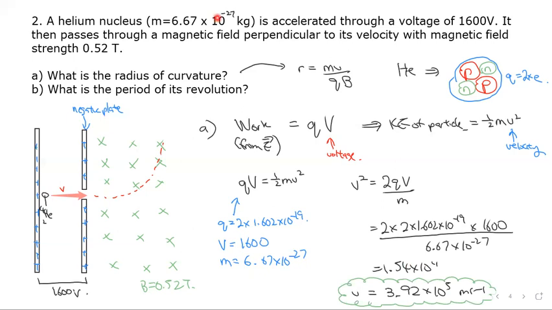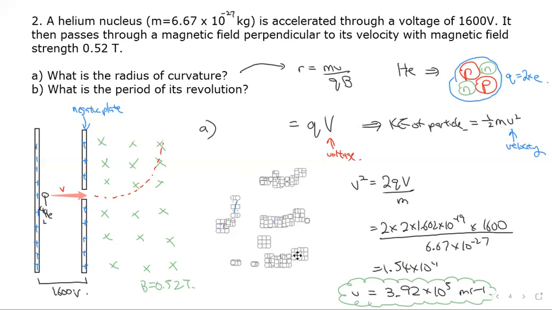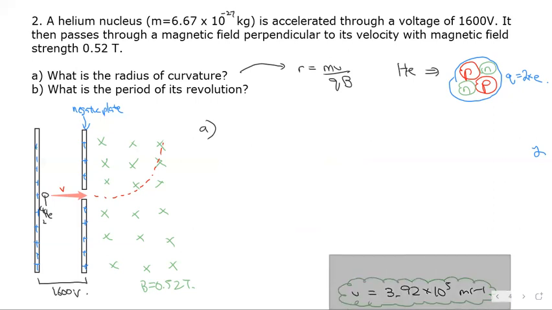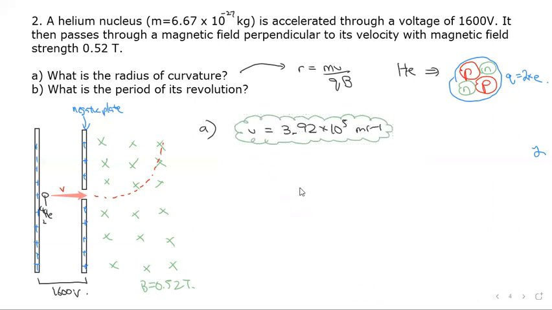Now that we've worked out the velocity, the radius is just going to be equal to m, which we know is 6.67 times 10 to the negative 27, times the v, all over q, which is again 2 times 1.602 times 10 to the negative 19, because it's 2 protons.